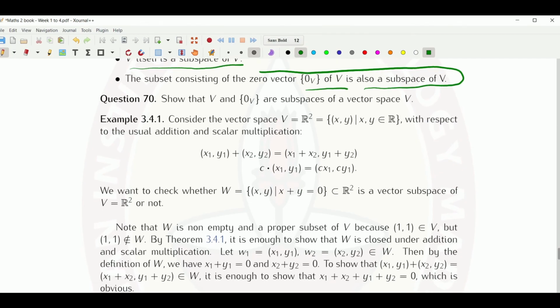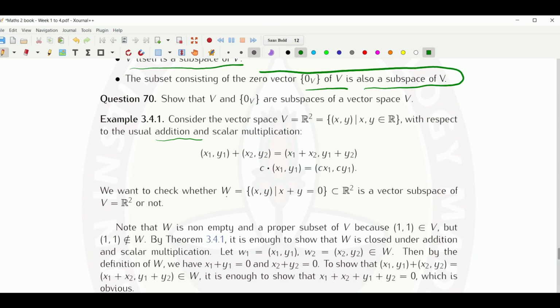Example: consider the vector space V is equal to R2, which is the set of x, y such that x, y belong to real numbers, with respect to the usual addition and scalar multiplication. x1 y1 plus x2 y2 is equal to x1 plus x2, y1 plus y2. C dot x1 y1 is equal to cx1 cy1.